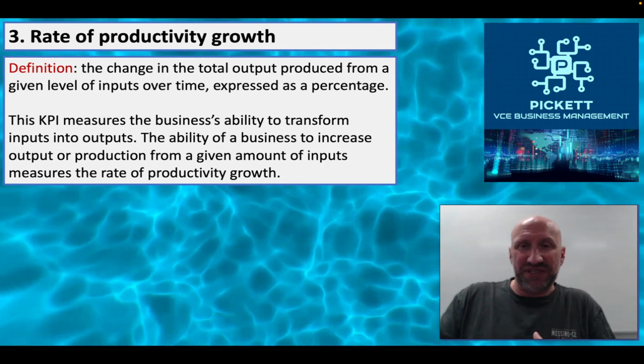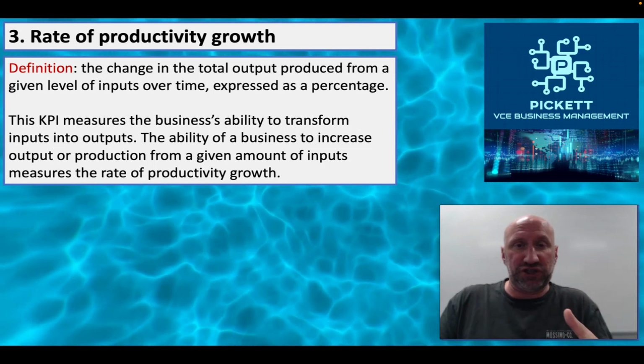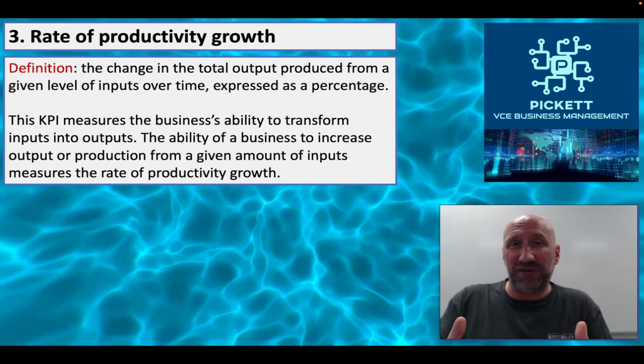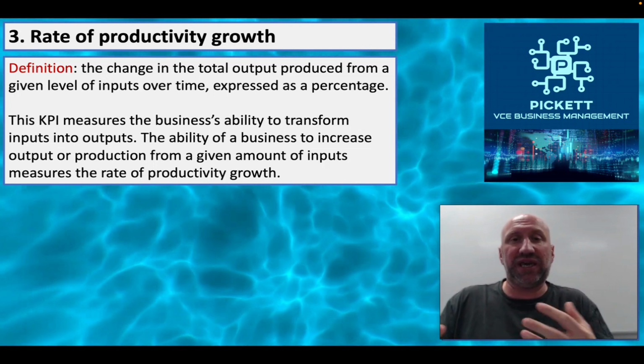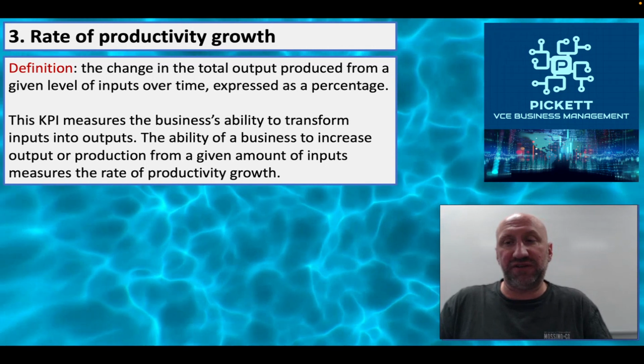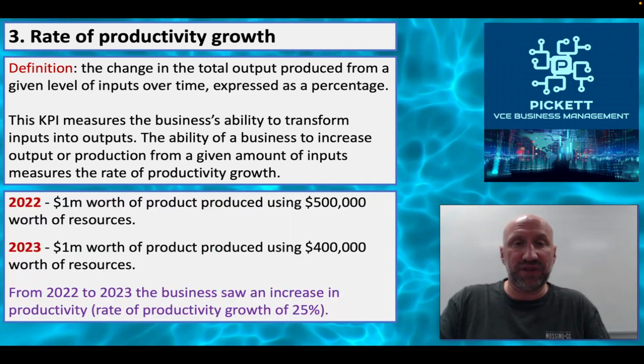The ability of a business to increase output or production from any given amount of inputs basically measures the rate of productivity growth. So a key measure of how effective our operations is being.